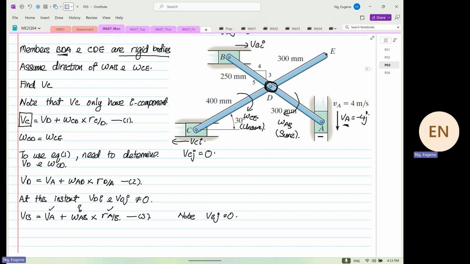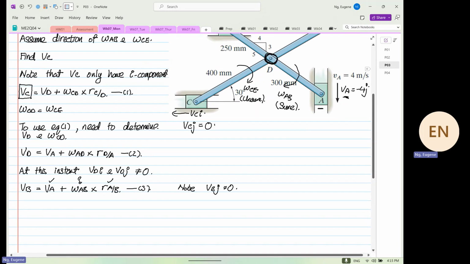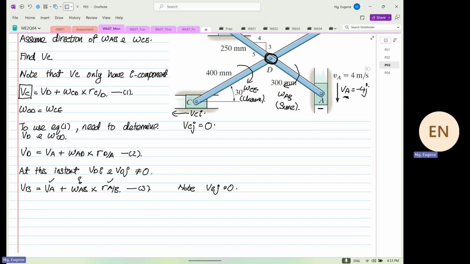It's equal to 0. So that might cancel some things away from us. So let's use, or apply, equation number 3 first.